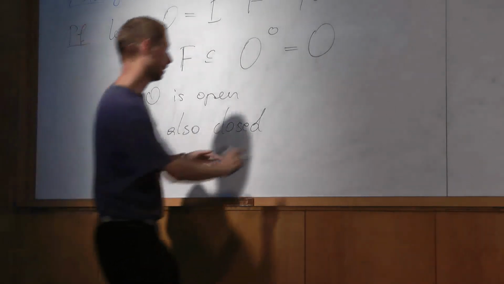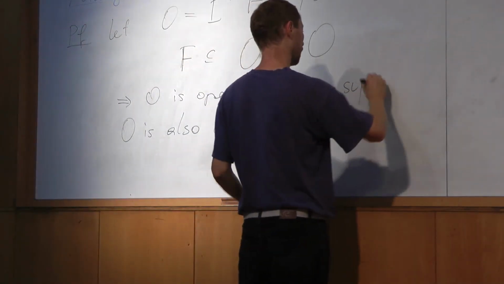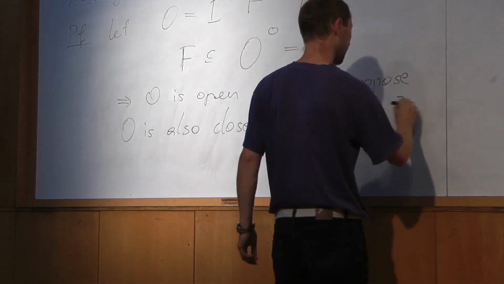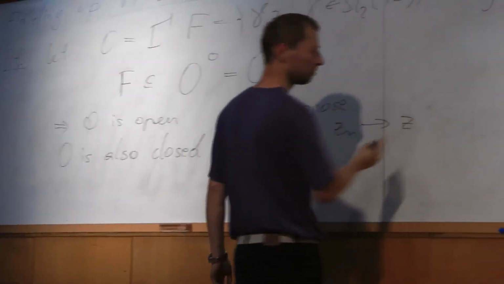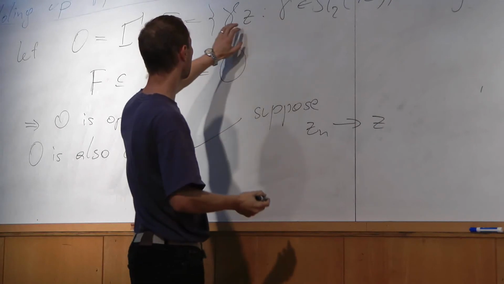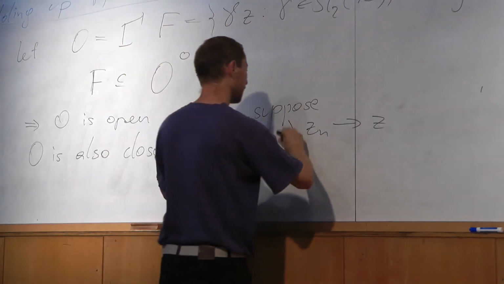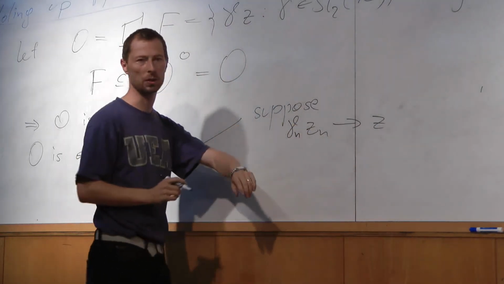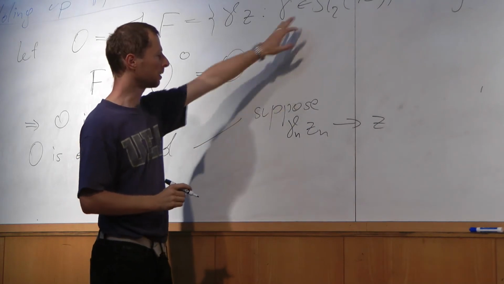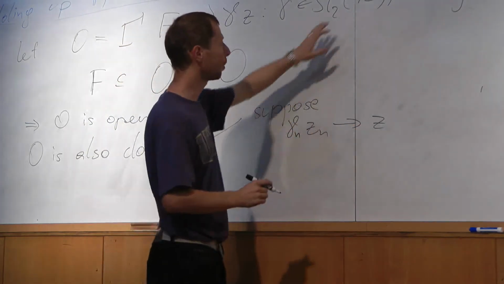Why is it closed? Suppose gamma n Zn converges to Z, with gamma n in SL2 Z and Zn from the fundamental domain.